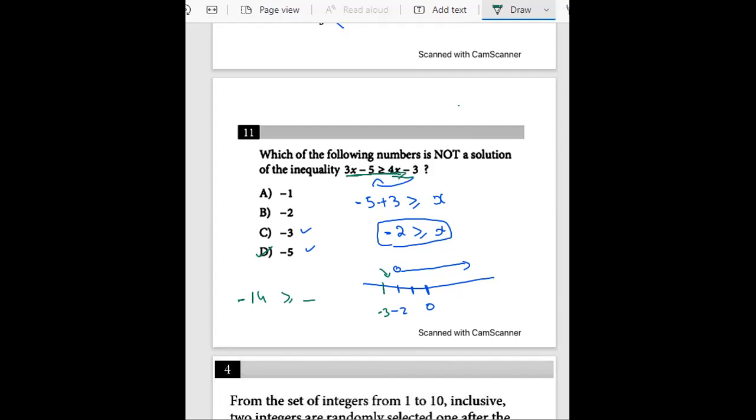But at times the question formation can have something wrong in it. If you try making two lines for this, because you know that 3x minus 5 would be a line, and then 4x minus 3 would also be a line, if you do it that way, maybe you get the correct answer.